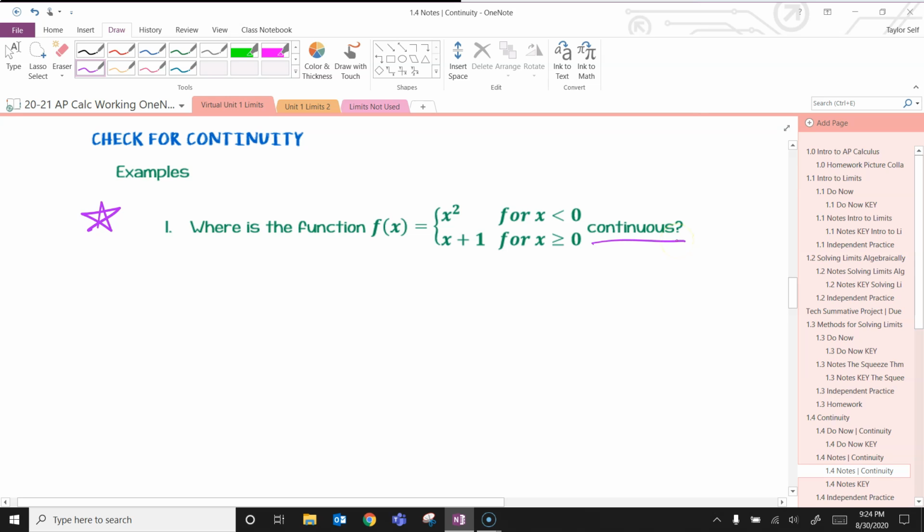Okay, so we have 2 options. Option 1, look at a graph. That's the easiest way to tell if a function's continuous, right? That's what we did in the do now. But let's pretend that we don't have that option.